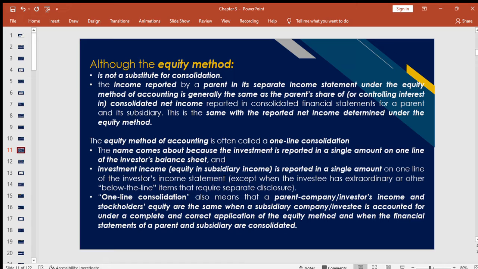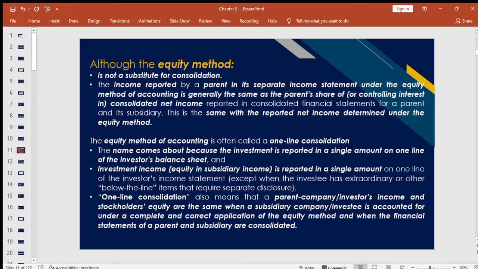The name comes about because the investment is reported in a single amount on one line of the investor's balance sheet, and investment income is reported in a single amount on one line of the investor's income statement, except when the investee has extraordinary or other below-the-line items that require separate disclosure.